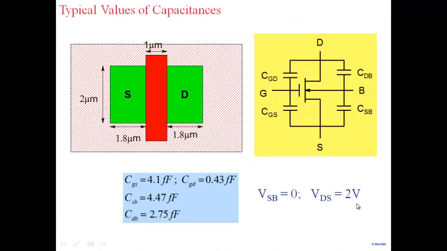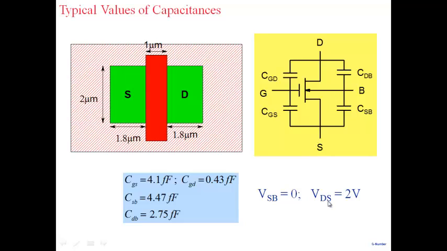Let me give you some typical values here. You can see here this MOSFET, the length of the MOSFET is 1 micron, and the width of the transistor is 2 micron. In this case, I've taken the source length as 1.8 and drain length as 1.8 micron. The transistor is biased at source to body voltage of 0, which means that source and body are shorted together.